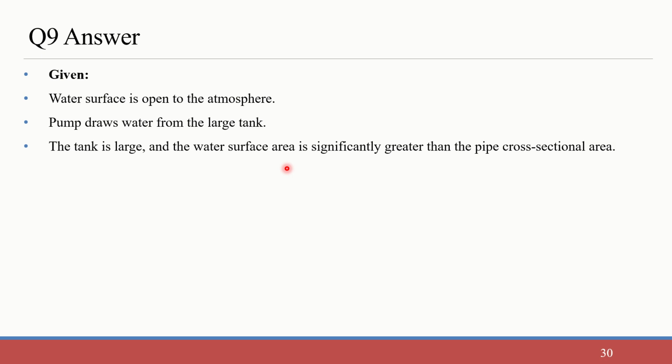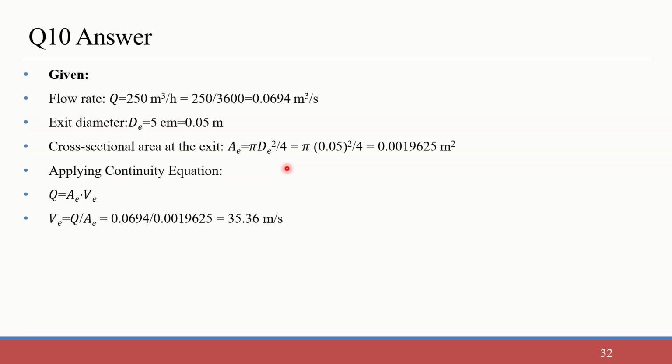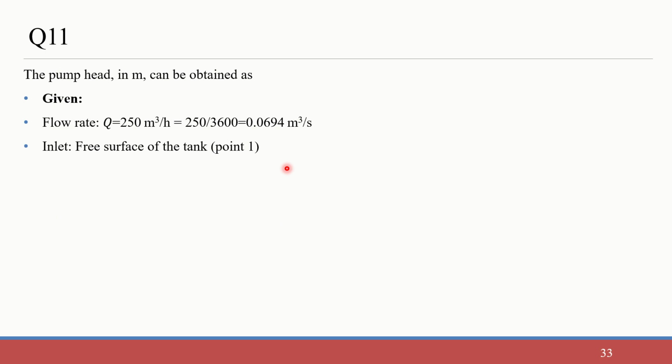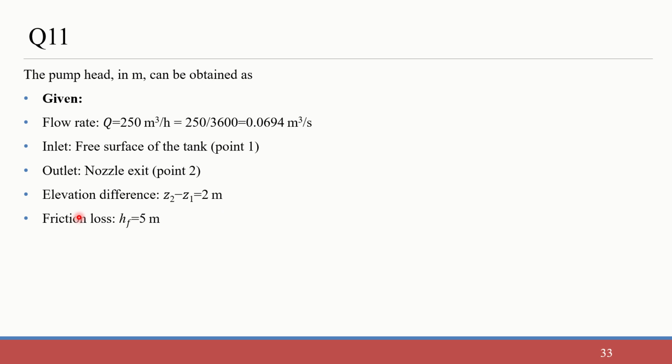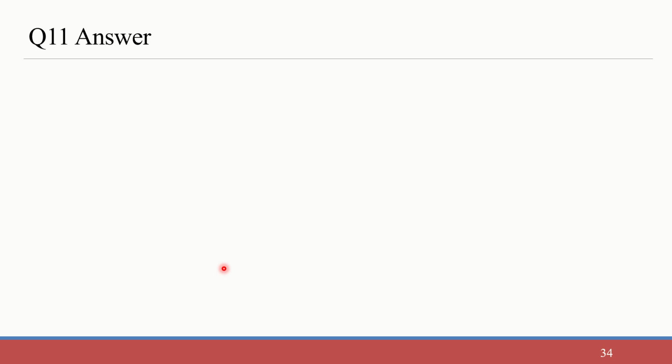So by using that, pump head in meters, we are calculating; outlet is nozzle exit point 2, elevation difference is Z2 minus Z1, so it becomes 2 now, and friction loss remains 5 meters. Velocity at the surface V1 is equal to 0 and velocity at the nozzle V2 is equal to 35.36 meters per second. And atmospheric pressure is gauge pressure because it is open to atmosphere.